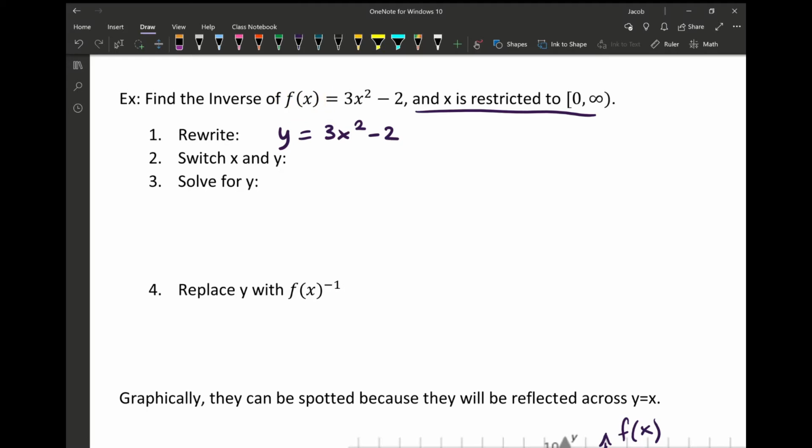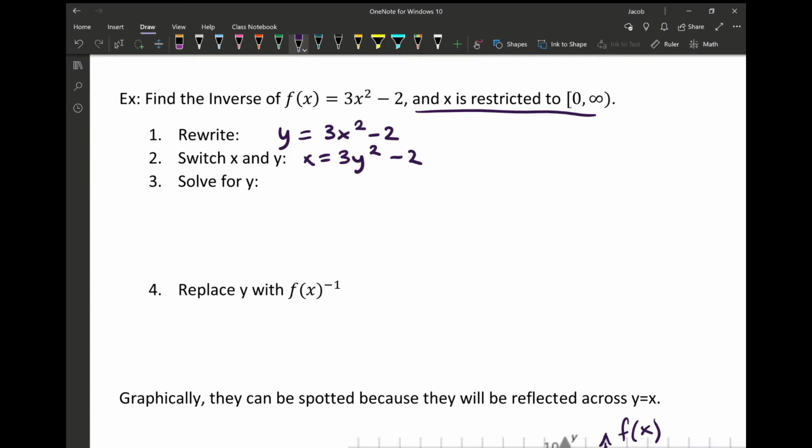That's just function notation for the output. And as we go, we'll swap x and y just so we can start to undo this original function.